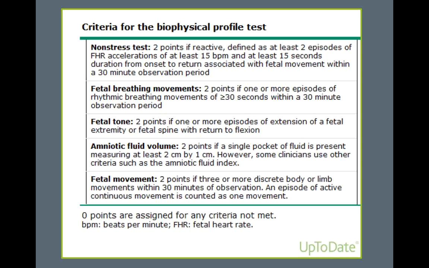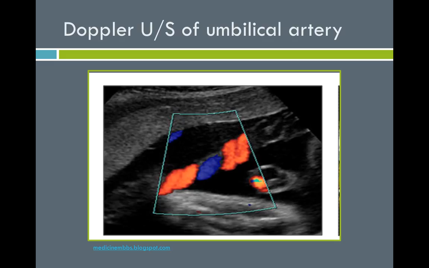I do not want you to focus on the number of points given for each parameter of the test. So focus on the things that are included, but don't focus on the rest. Do, however, print this slide, put it in your pocket, and take it with you to your OBGYN rotation.